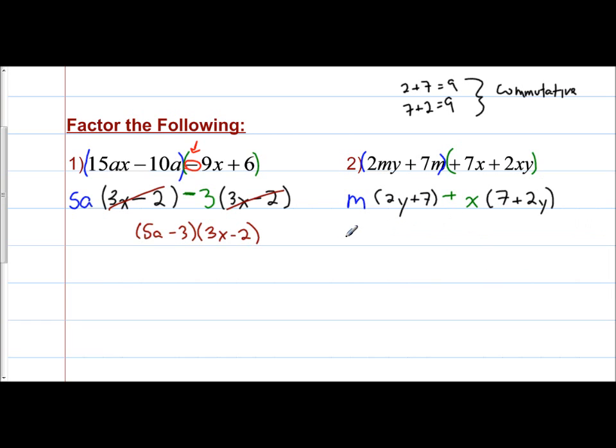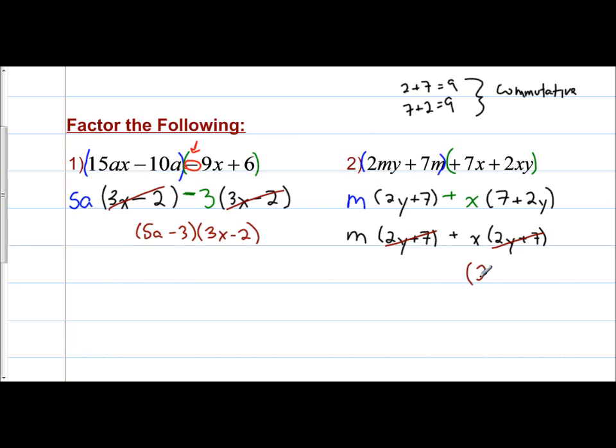So what I can do is I have my m, I have my 2y plus 7, and I'm going to rewrite the other one as 2y plus 7. The reason why I rewrote this one is to get it in standard form. The variable comes first, the constant comes last. And now I see they are the exact same parentheses.